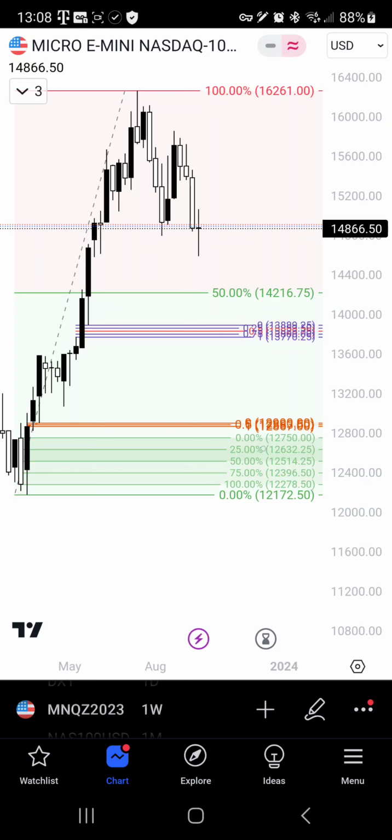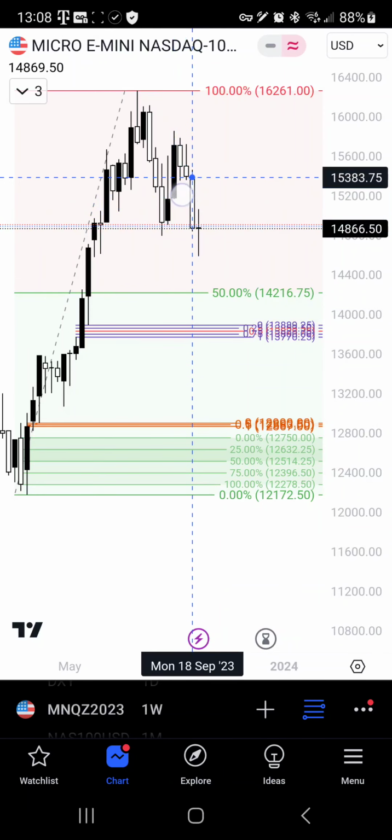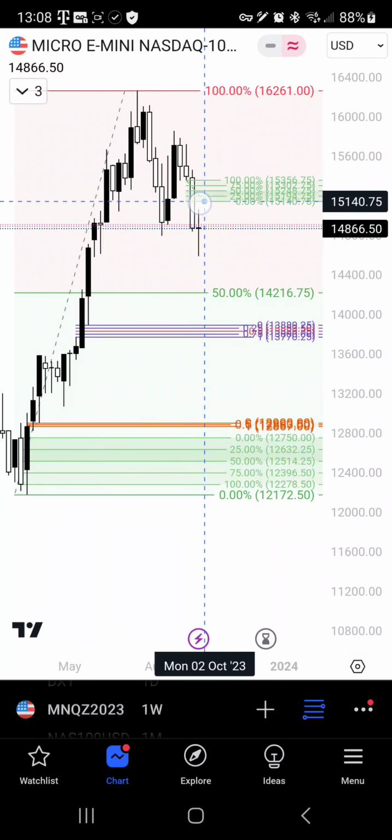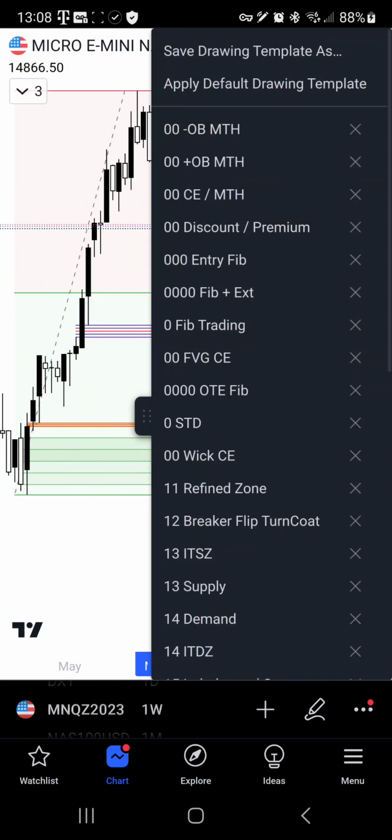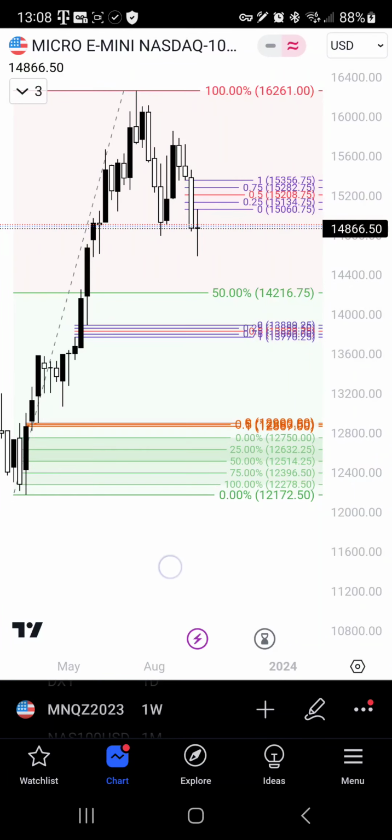So if that is the case, we need to find a premium array that price could tap into to go ahead and push it lower. All right, so my eye immediately drops to this fair value gap. So again, I'm going to lock that, send it to the back.